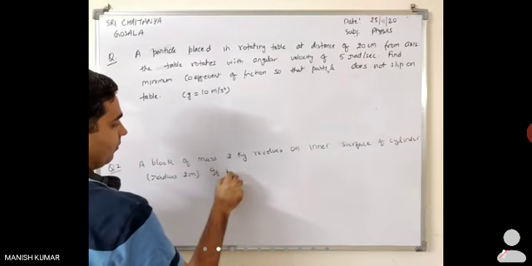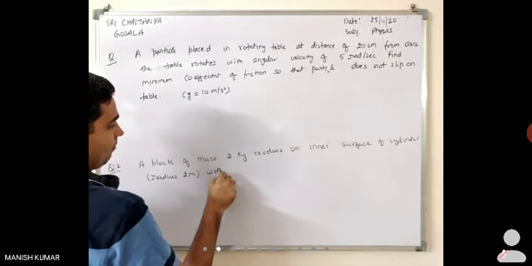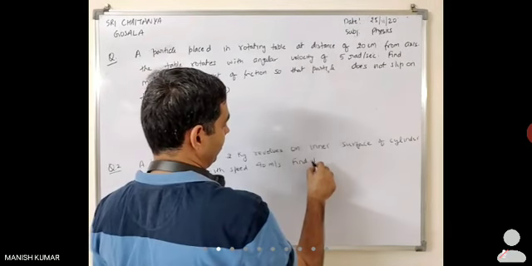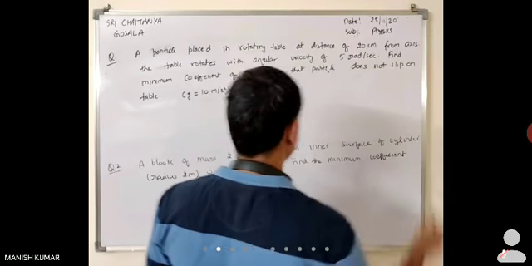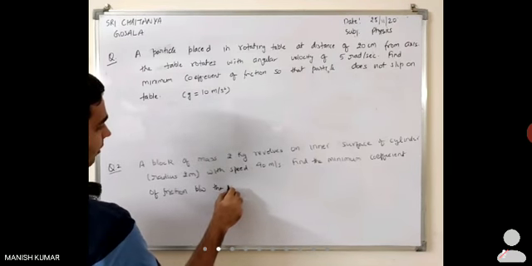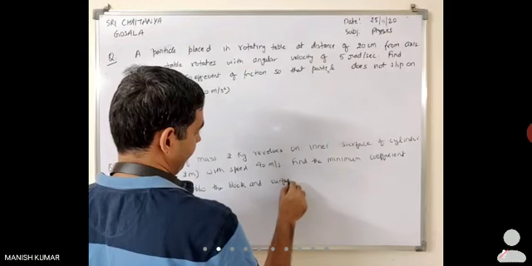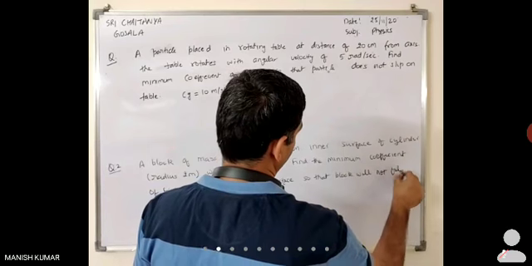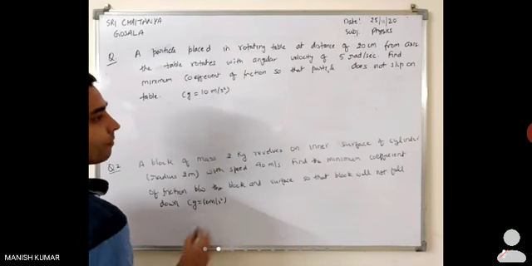If the speed is given, find the minimum coefficient of friction between the block and the surface so that the block will not fall down. The curved surface.